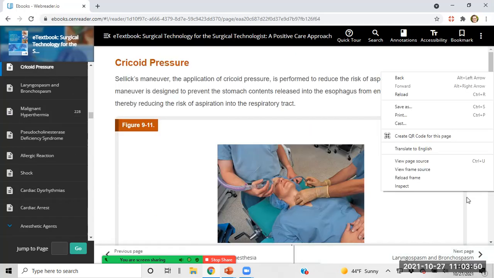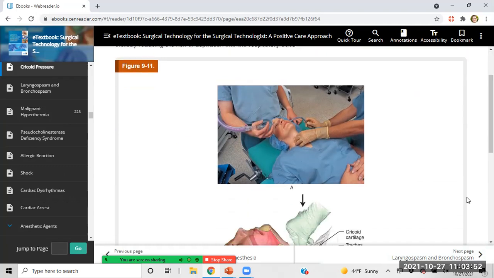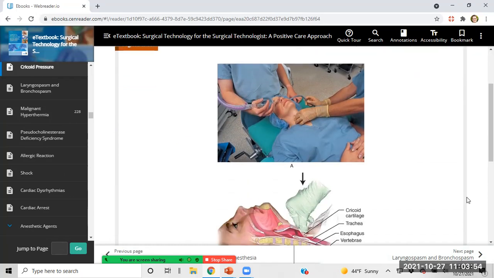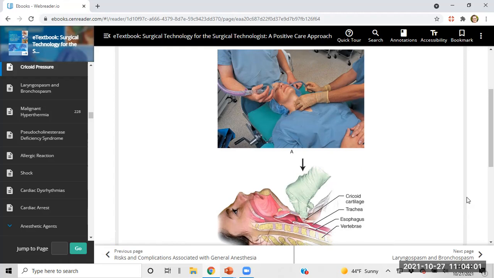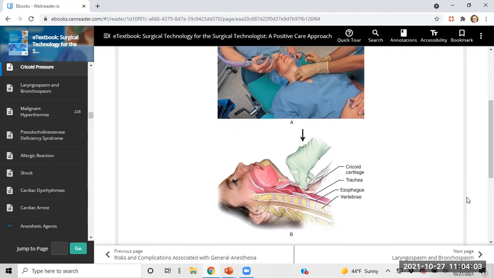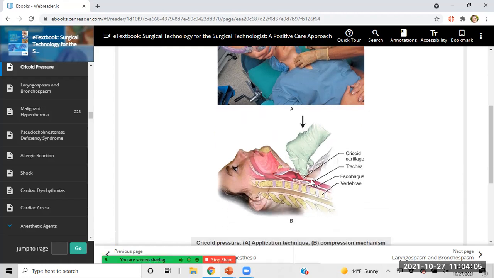Now, I want to cover something really quickly because it's not in the PowerPoint: if you're requested to assist with cricoid pressure when the anesthesia provider is trying to intubate, this is how you do it. It means they're not able to get the tube through the airway because it's trying to go into the esophagus. And you can see here is the esophagus, on the back side of the trachea.